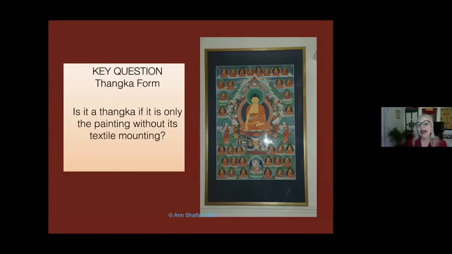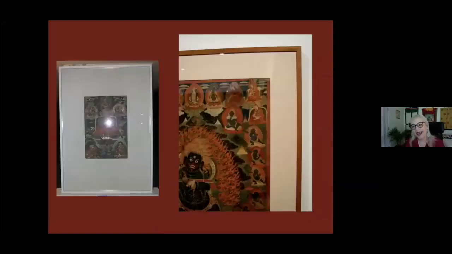The thangka form: is it a thangka if it's only the painting without its textile mounting? This is a painting by a thangka master. When you go to most museums, this is what you see as a thangka. So many people think that this is what a thangka is. I'd call it museum miseducation. There isn't really a label that this is just a painting that was once in a thangka.